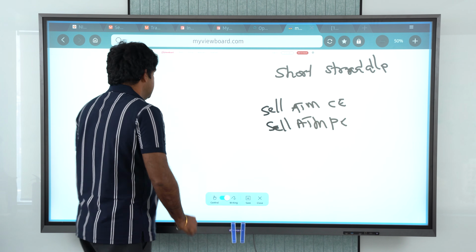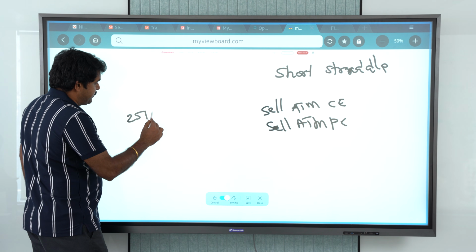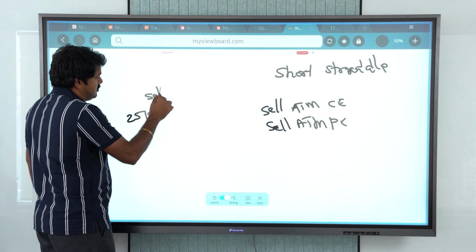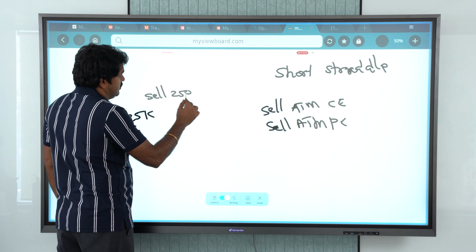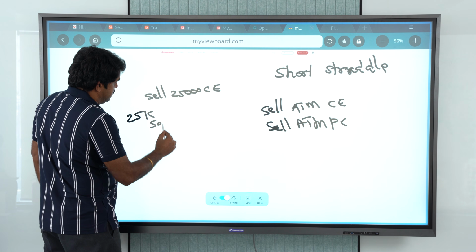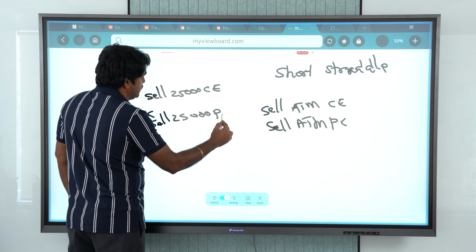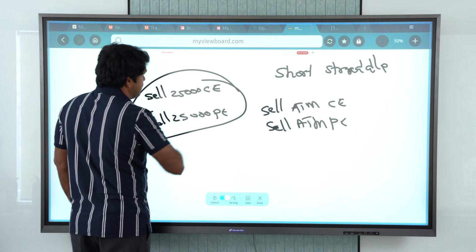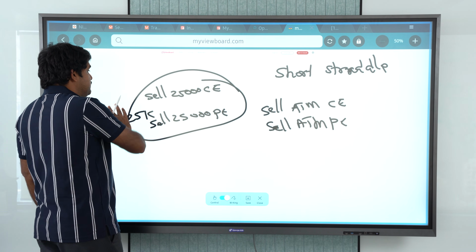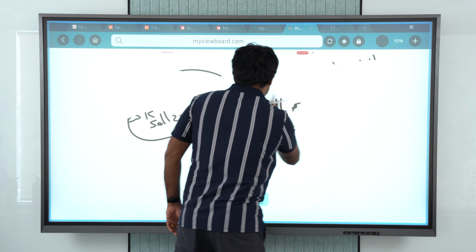Example, if the market is 25K, you are selling 25,000 call and selling the same strike price 25,000 put. This is called short straddle. Okay, so which one should we do, why should we do it, and what is my favorite? That is what we are going to see right away.